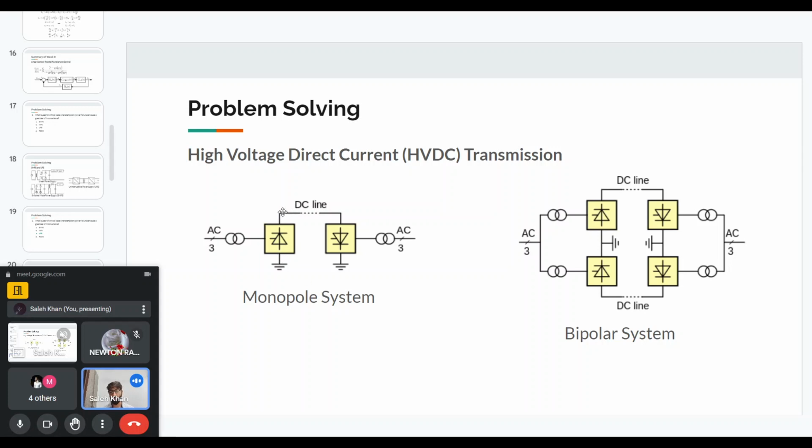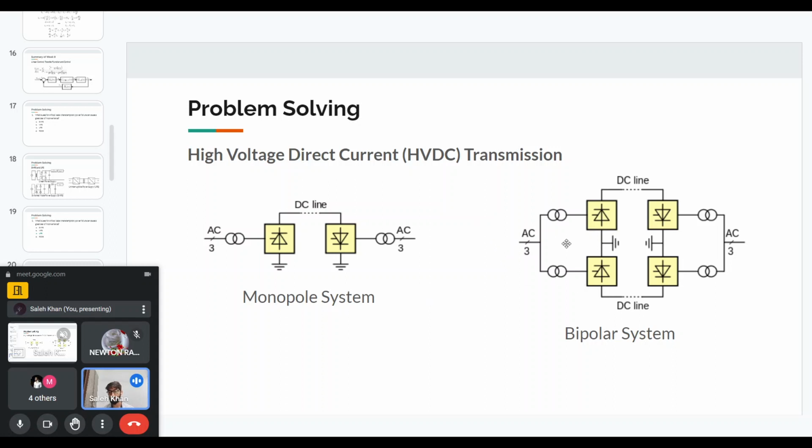In a monopole system, we have only one DC line. Then we have another converter at the receiver to convert from DC to AC, giving three-phase AC at the output. On one side we have a converter or rectifier system, on the other side an inverter system, and the ground is the return path for the monopole system.